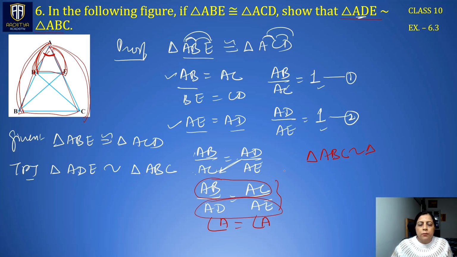Now check for the corresponding parts. A is equal to A. D corresponds to B, so if we have B, it should be D here. And finally it is E. This is what we had to prove. Triangle ADE is similar to triangle ABC by SAS similarity, right?